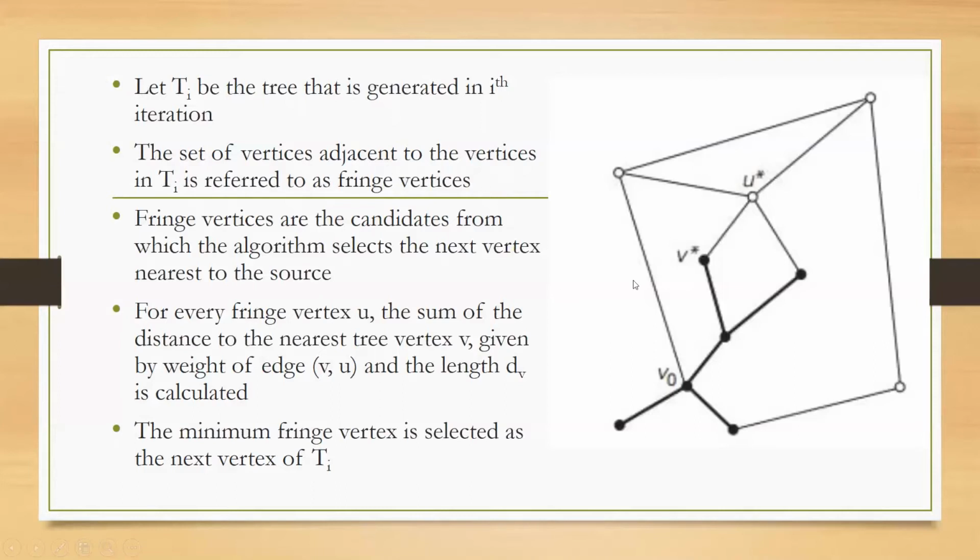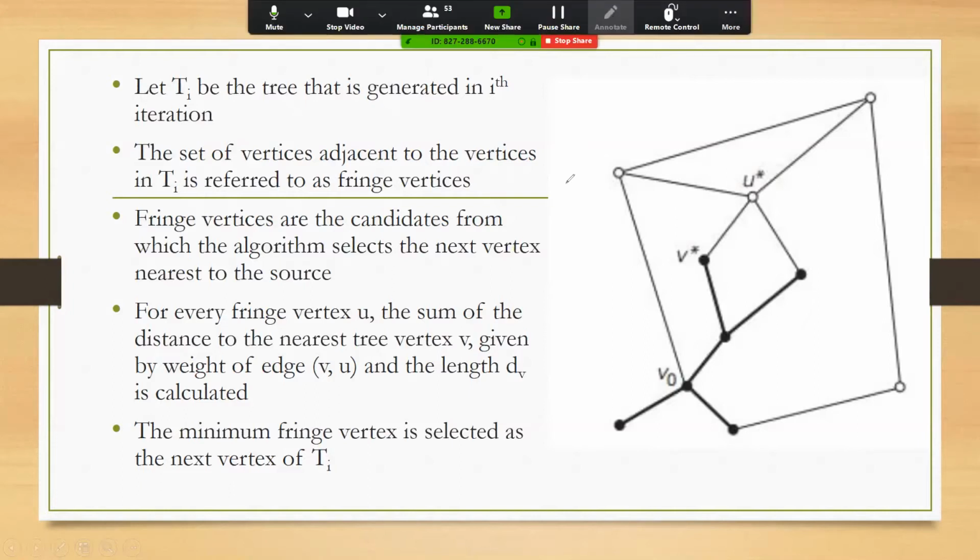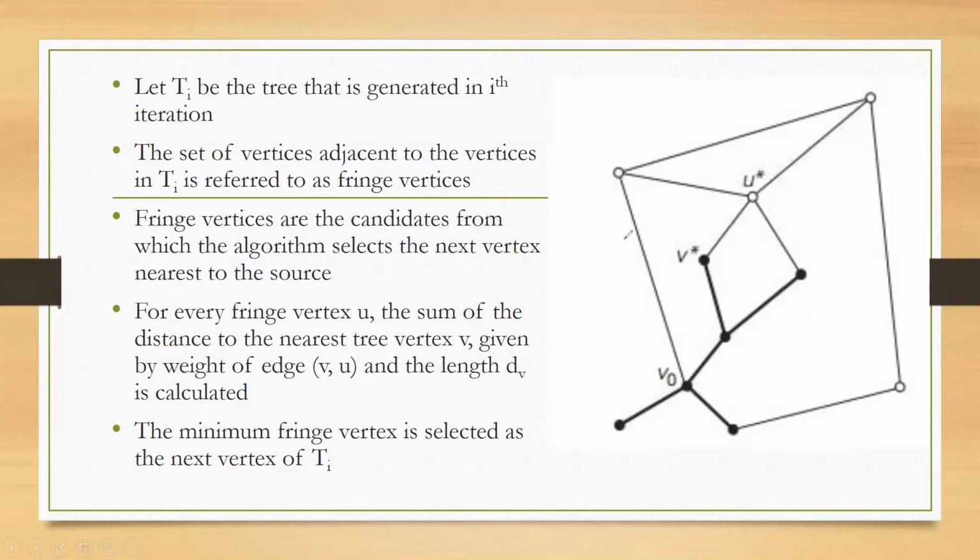For example, if you take this diagram, V0 indicates the starting vertex, and the dark line tells that the subtree has been generated until some point. Now, for example, starting from V1, this vertex has been included.